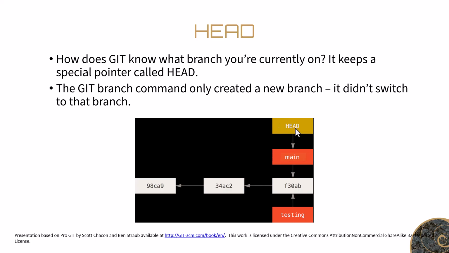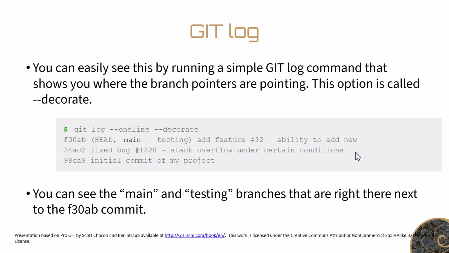It's this HEAD pointer that points to the current branch. In this case, we're on main. You can see this by running a git log command that shows where the branches are pointing. If you say git log --oneline --decorate, it'll tell you where the current HEAD is pointing.